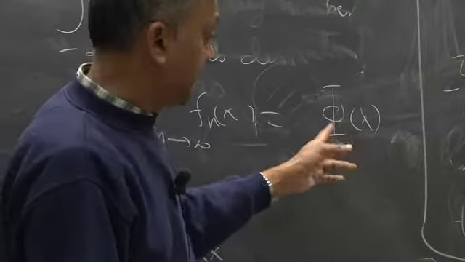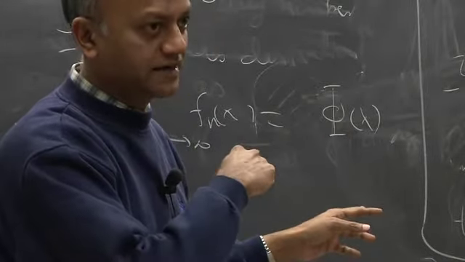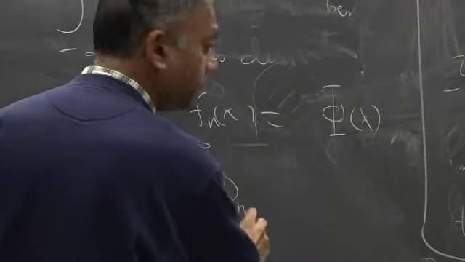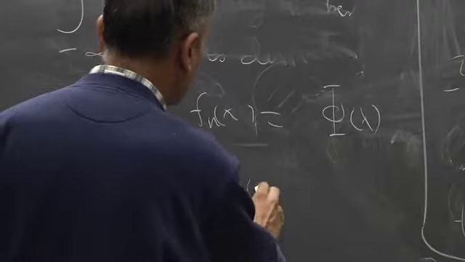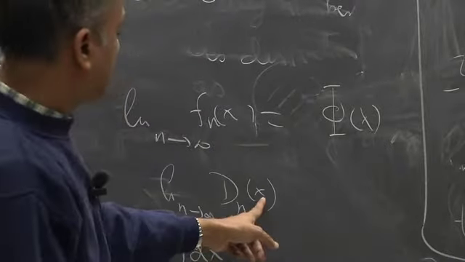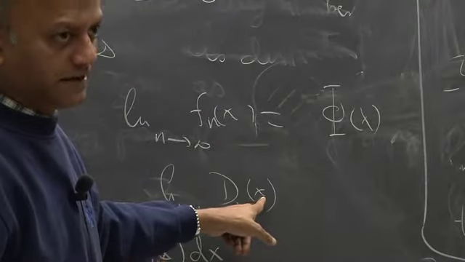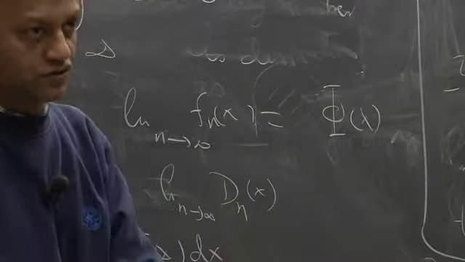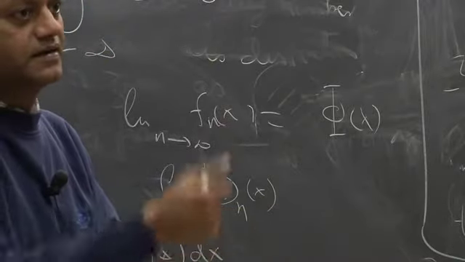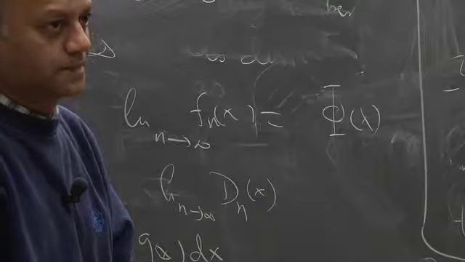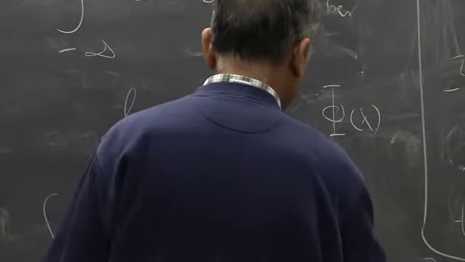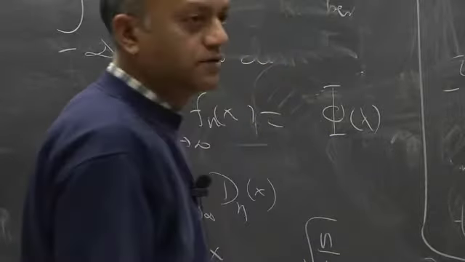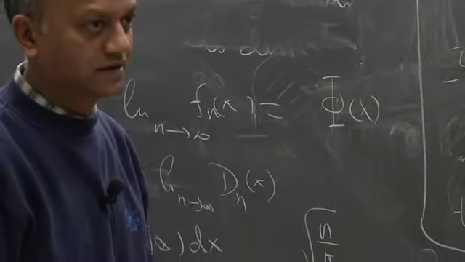As we saw in the example of the Dirac delta function, for those dn's that we defined before, the limit has no meaning actually. Except for x not equal to 0, it had a well-defined meaning: at x not equal to 0, that was going to 0. But at x equal to 0, that limit didn't exist, because there these were root n by pi. It doesn't converge to anything as n goes to infinity.